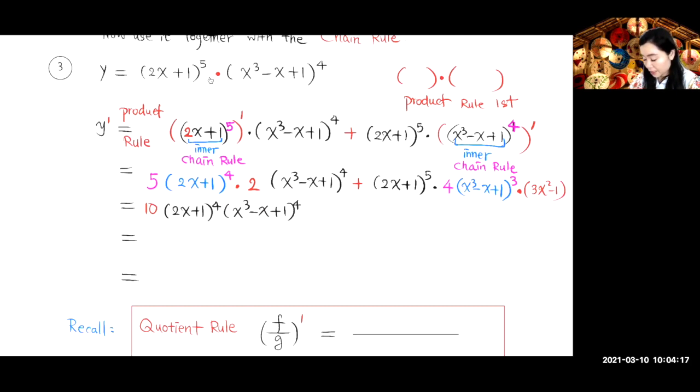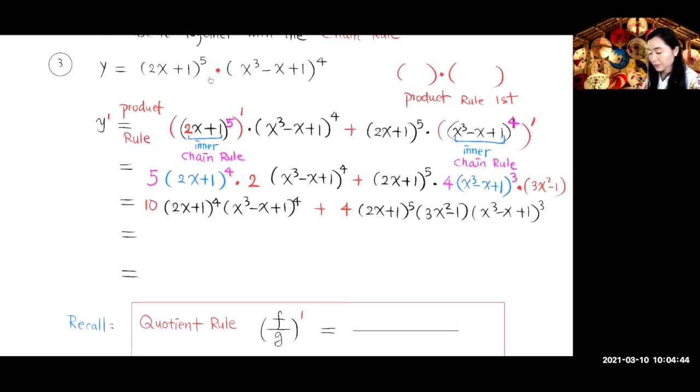And then here you have adding. I have a 4 over here, so 4 times 2x plus 1 to the 5th power times 3x squared minus 1 times x cubed minus x plus 1 to the 3rd power.